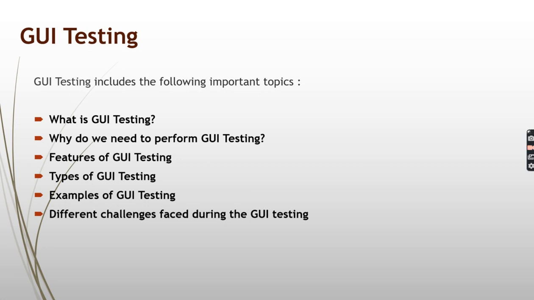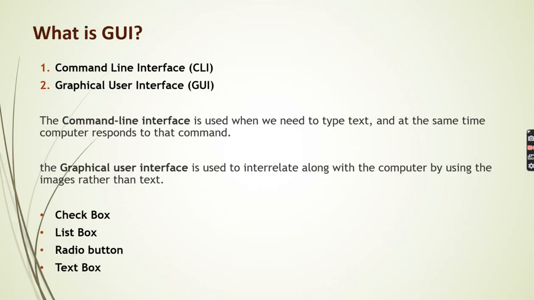Before getting too deep into the above mentioned topics, firstly we will understand the graphical user interface. What is GUI? In a computer application, we have mainly two types of interface: the command line interface and the graphical user interface.